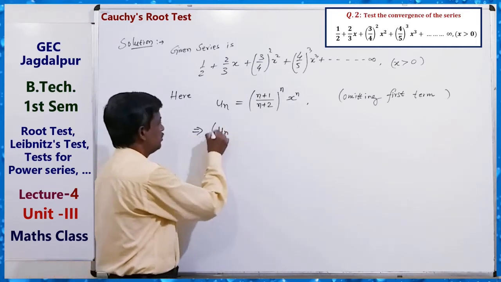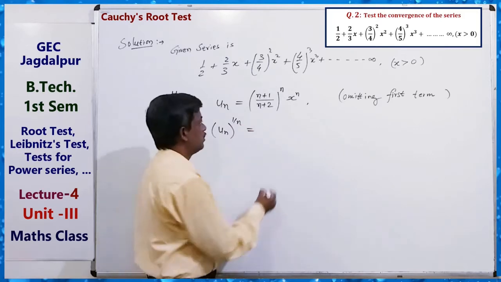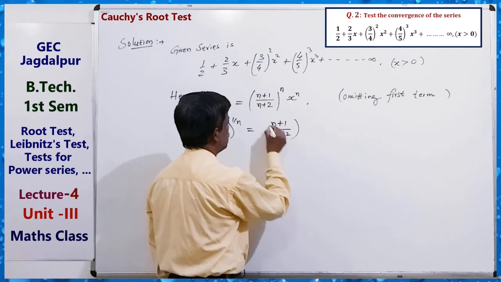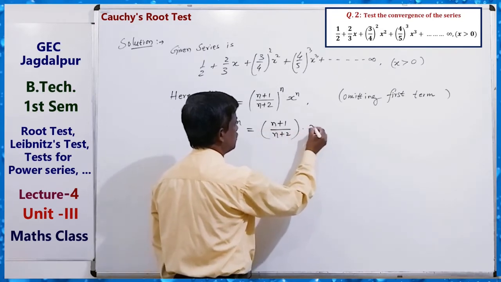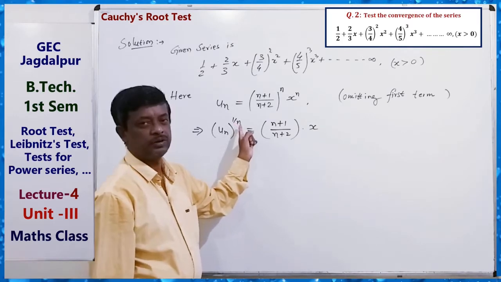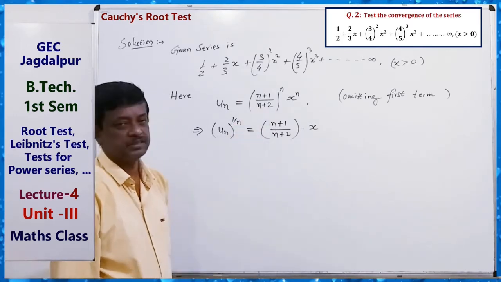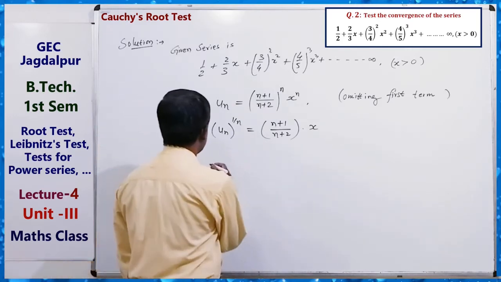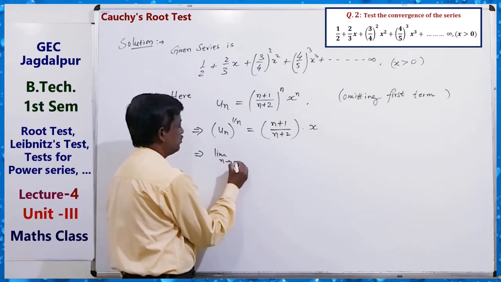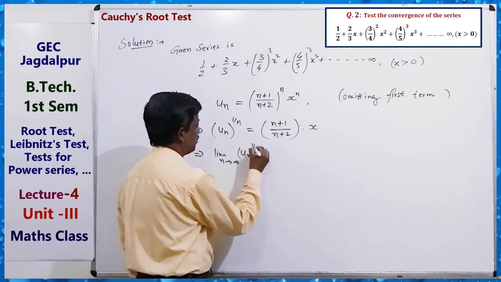So un equals n plus 1 upon n plus 2, whole power n, into x power n. Taking nth root of both sides, we get this. Its limit is very simple to find: n tending to infinity, un power 1 by n.